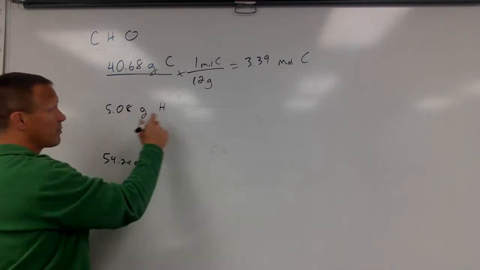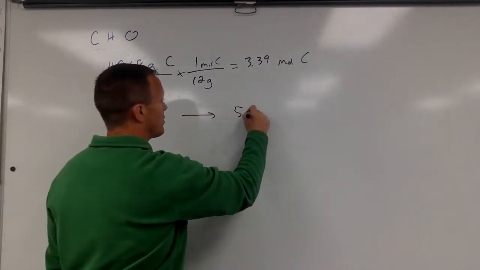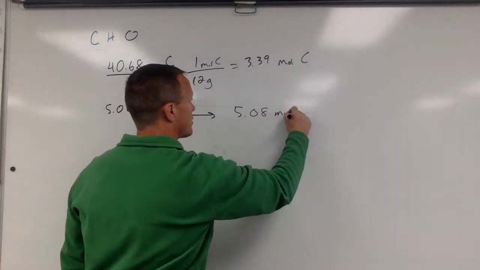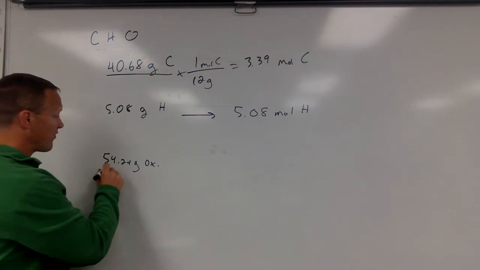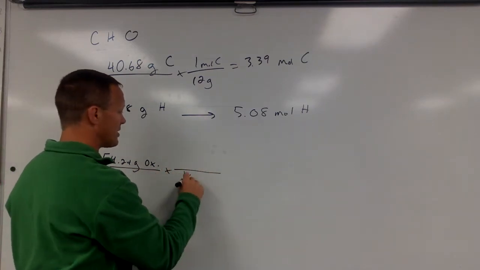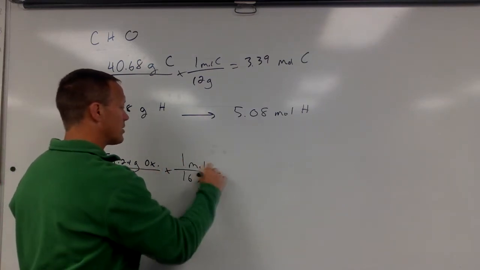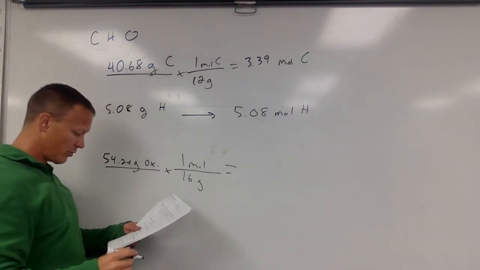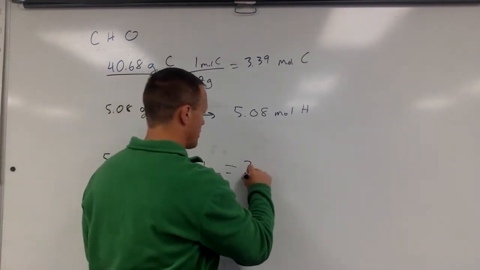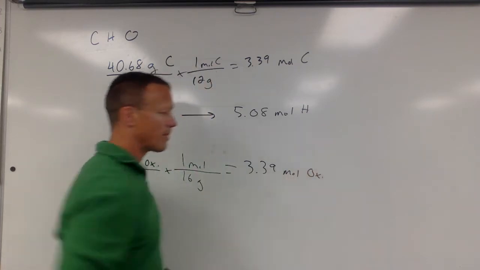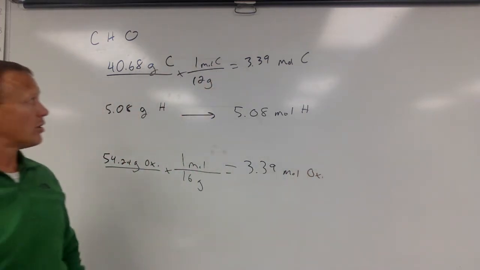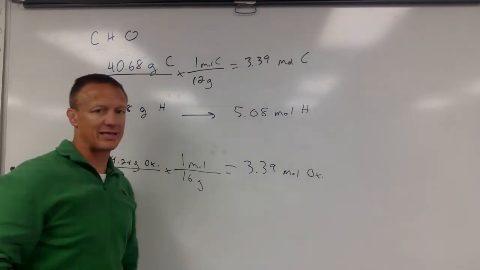So 5.08 grams is 5.08 moles. And then 54.24 grams of oxygen and 16 grams of oxygen is a mole of oxygen, which gives us 3.39 moles of oxygen. So we know that carbon and oxygen are going to be in the same ratio.